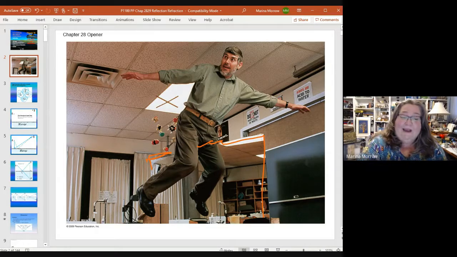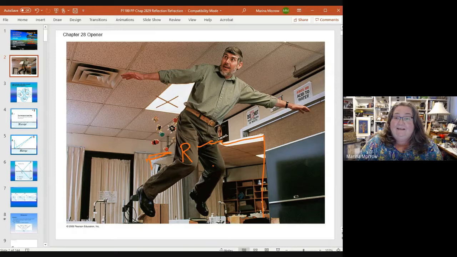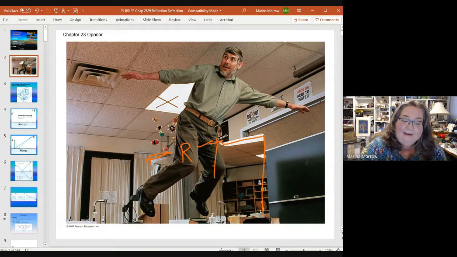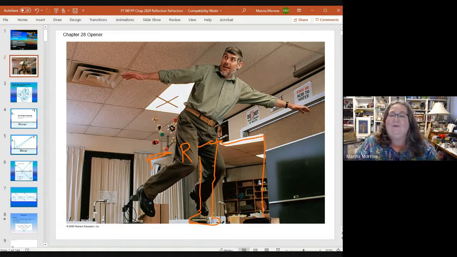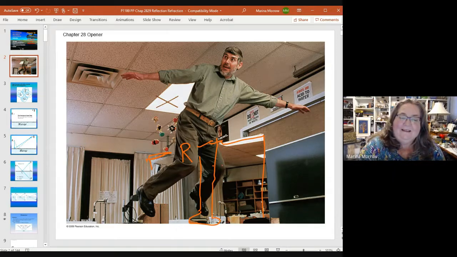See, this is his right leg, but this is not his left leg. His left leg is behind the mirror. He's standing on his left leg behind the mirror where you can't see it. And so what you're actually seeing there is the reflection of his right leg.